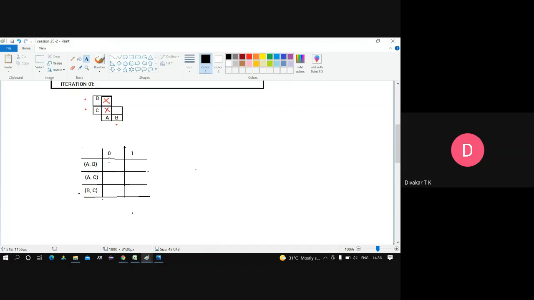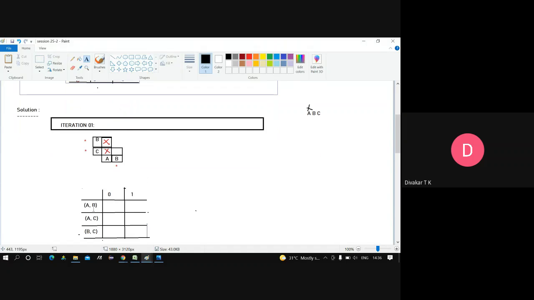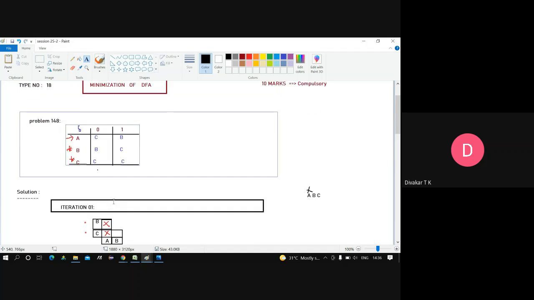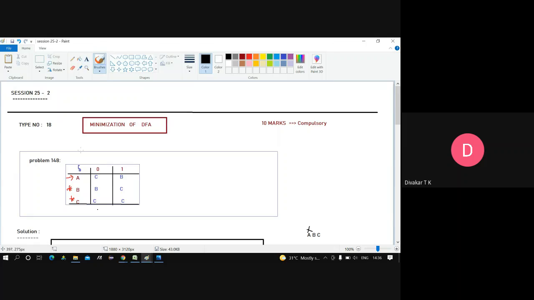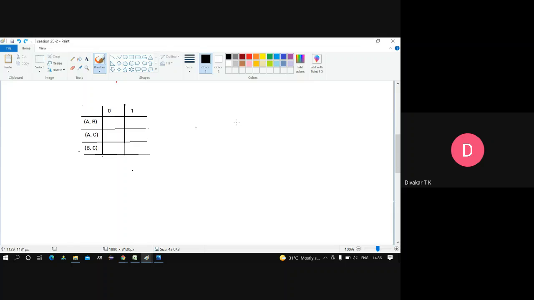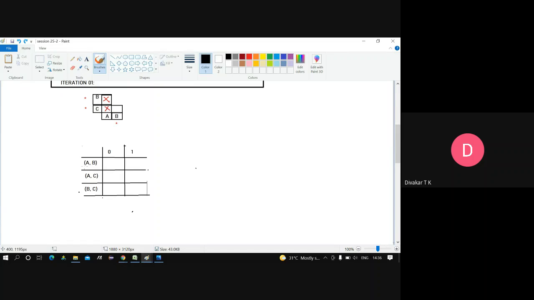Great. So now A comma B is carrying the 0 symbol to where? It is carrying the 0 symbol to C and B. Earlier you would do a union, delta of A comma 0 union delta of B comma 0, like that. But don't do it like this now. You have practiced enough for that problem. In this problem, directly write it. Make a habit of writing it directly here.